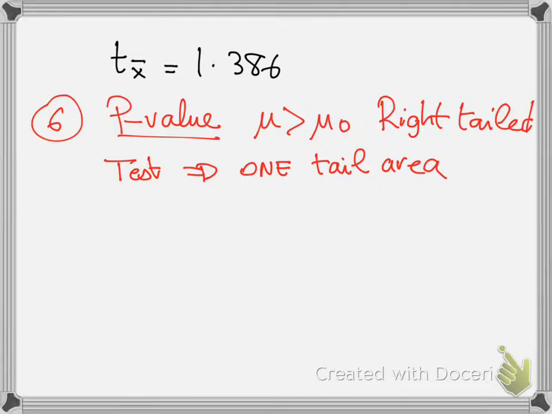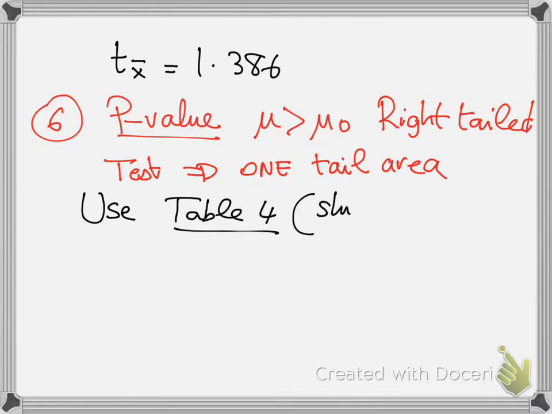So how do we find the p-value? We're gonna use the student t distribution. So we're gonna use table 4, the student t distribution.